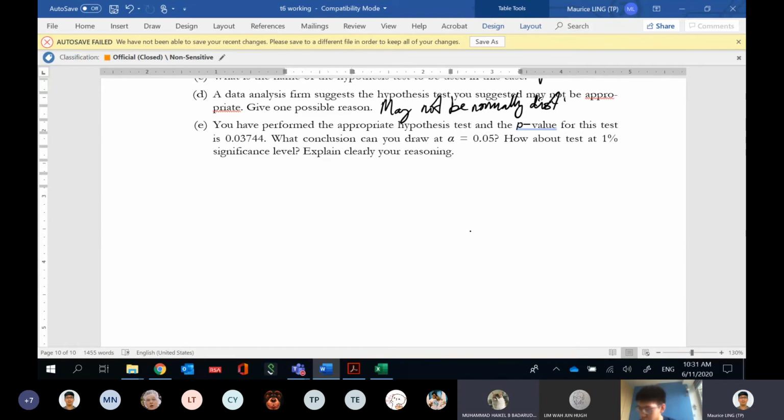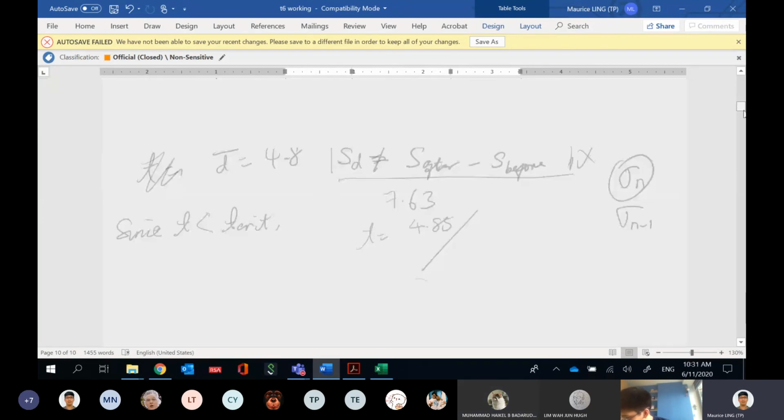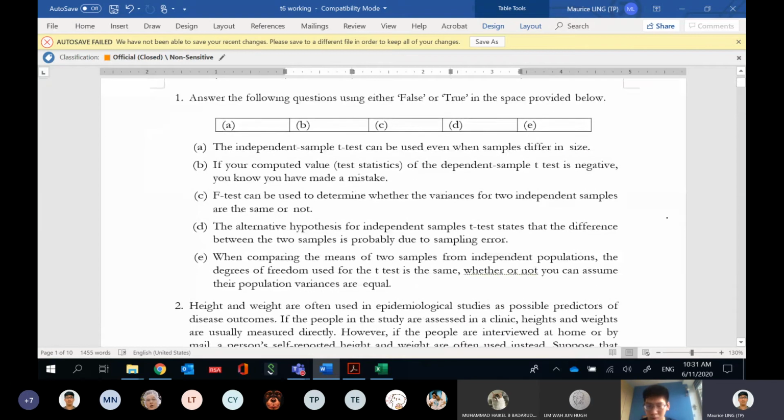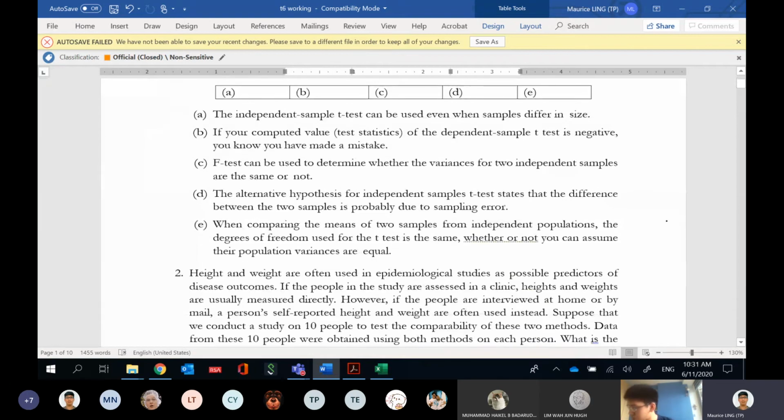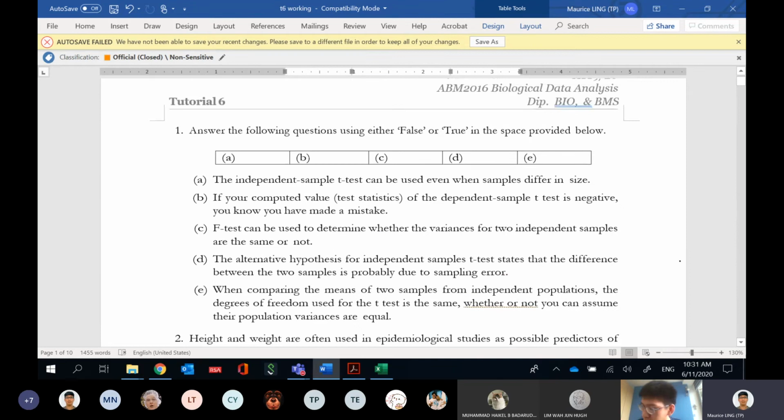Yes, correct. Okay, good. Let us go back to the true false questions. Sean, how about the first one, 1A? The answer should be true. Yes, true.